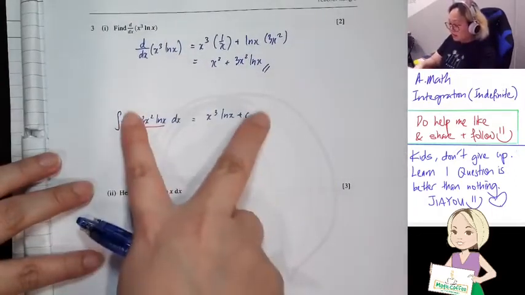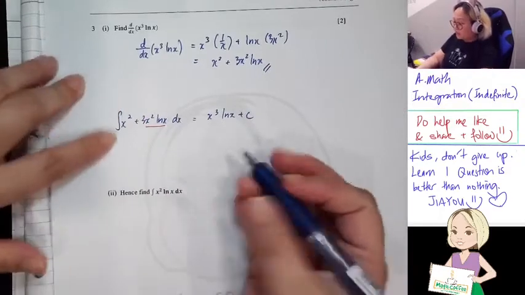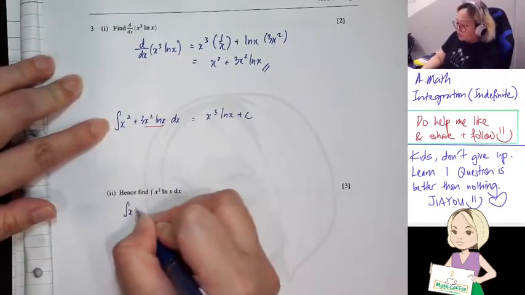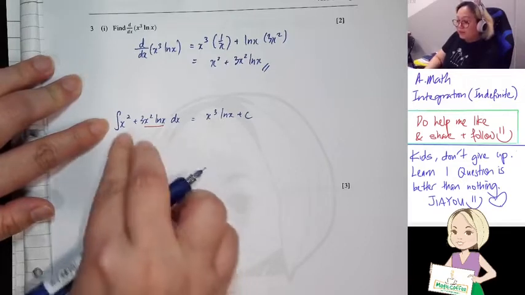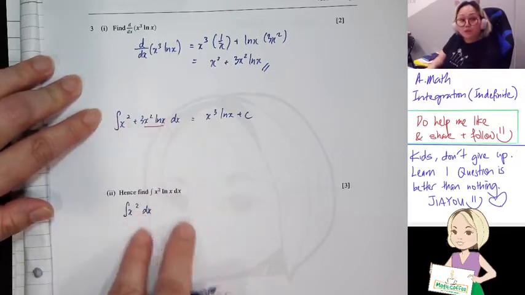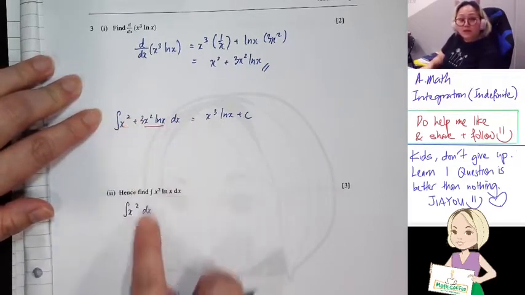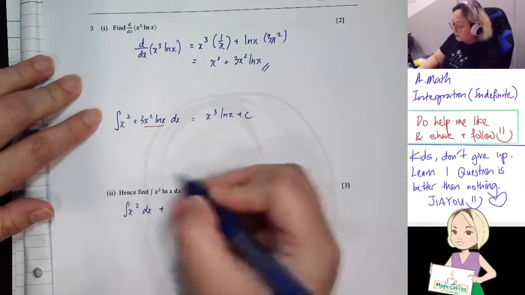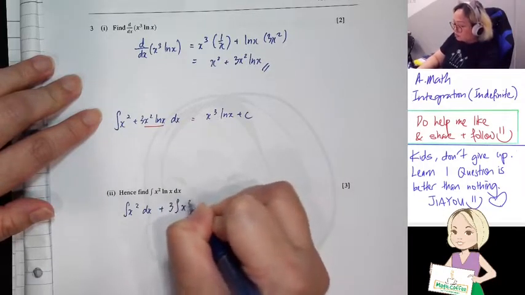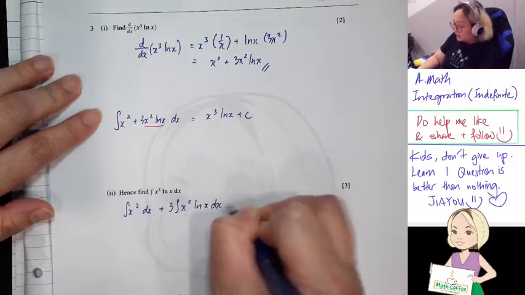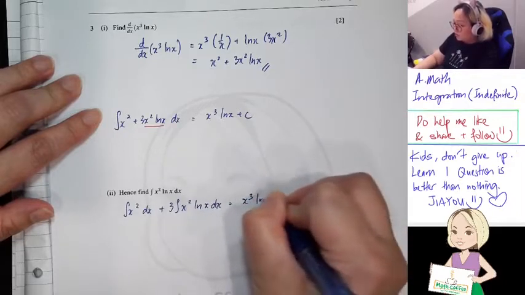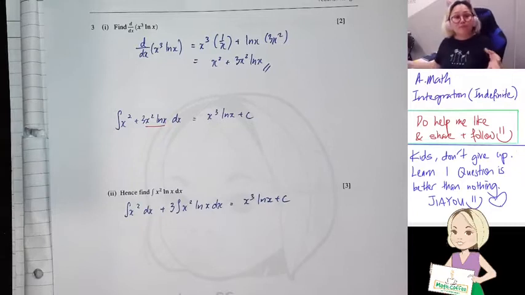So here, I'm going to write it here so that it's easier for you to see. So it will be integrate x squared dx. I split this into 2 terms. So integrate x squared dx plus 3 integrate x squared ln x dx is equals to x cubed ln x plus c. You see that?